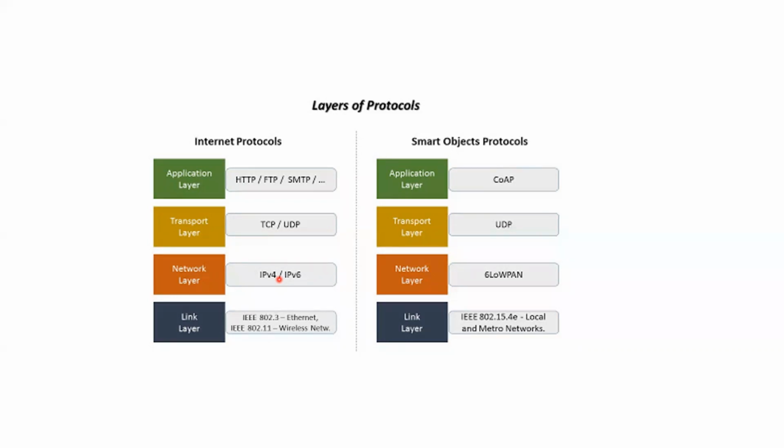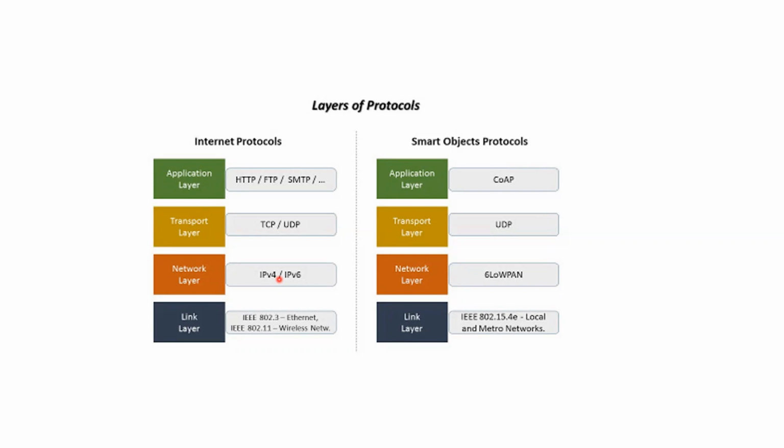The number of devices that can be connected in a network depends on the length of the address. So as it has a 128-bit wide address, it can connect 2 raised to 128 devices using this IPv6 protocol. Both IPv4 and IPv6 can be used in the network or internet layer.